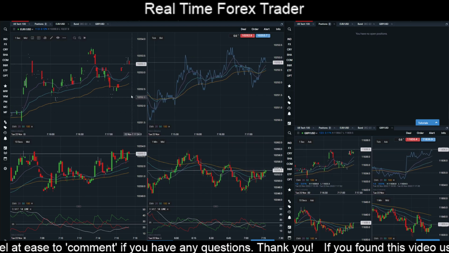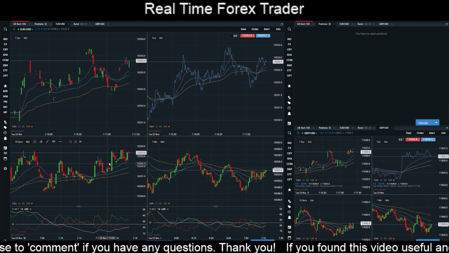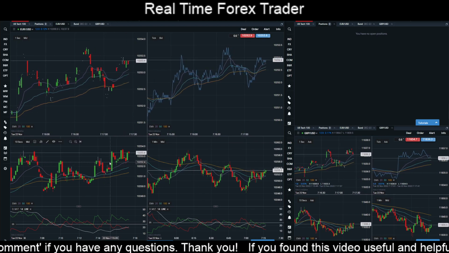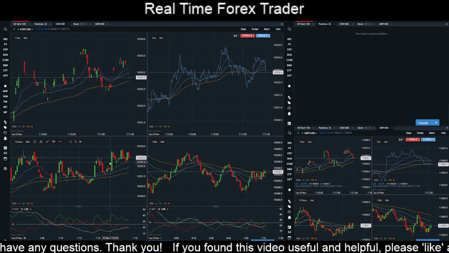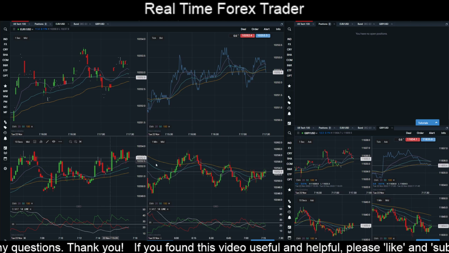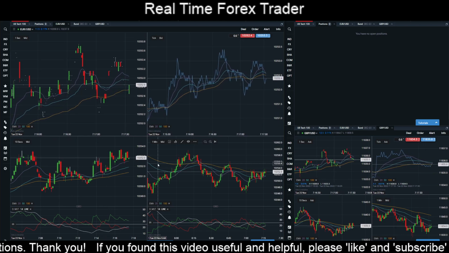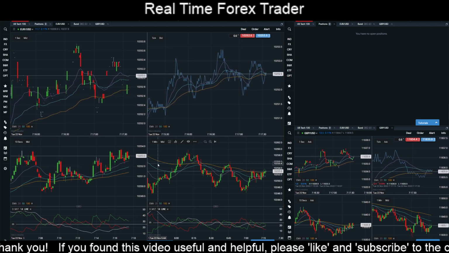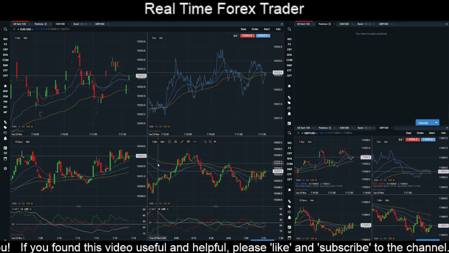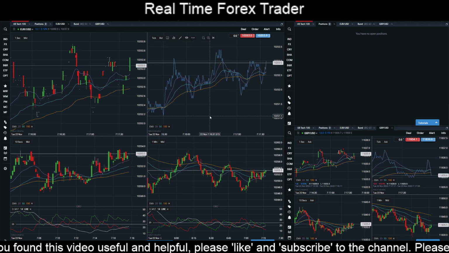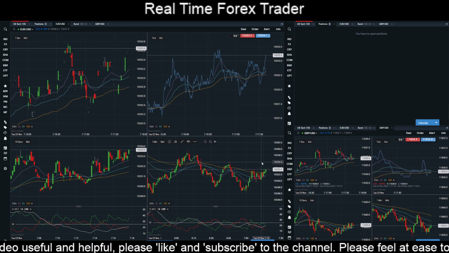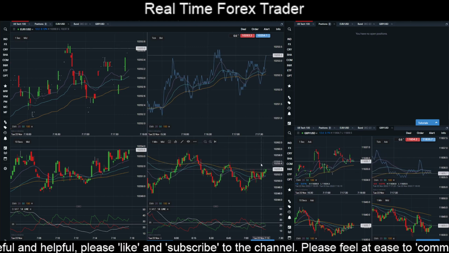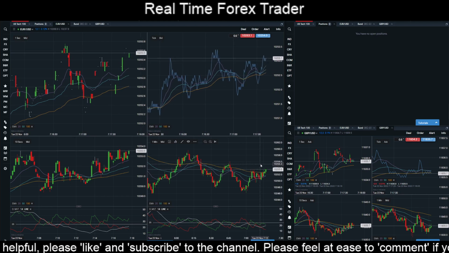Just looks like it's grinding up. It's not really doing much, which is not ideal for trading trends. 53, it's peaked before at 55, 56 before it's come back down.